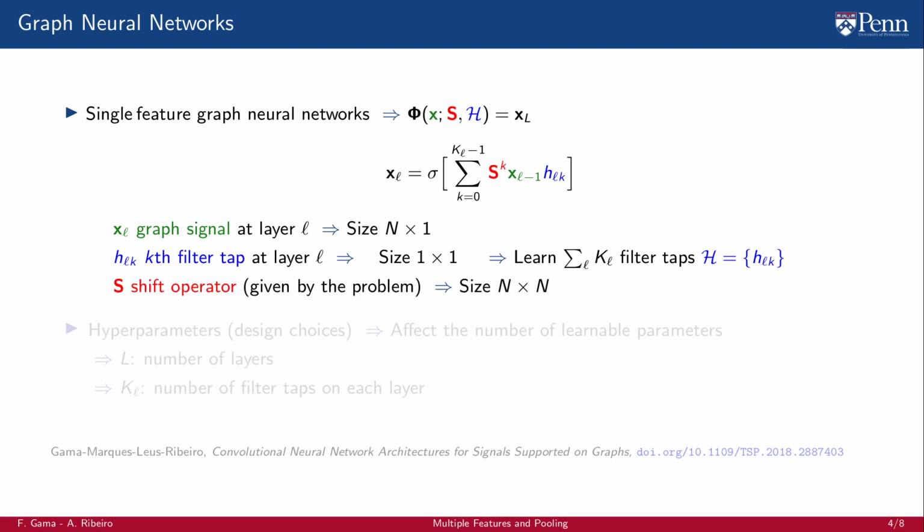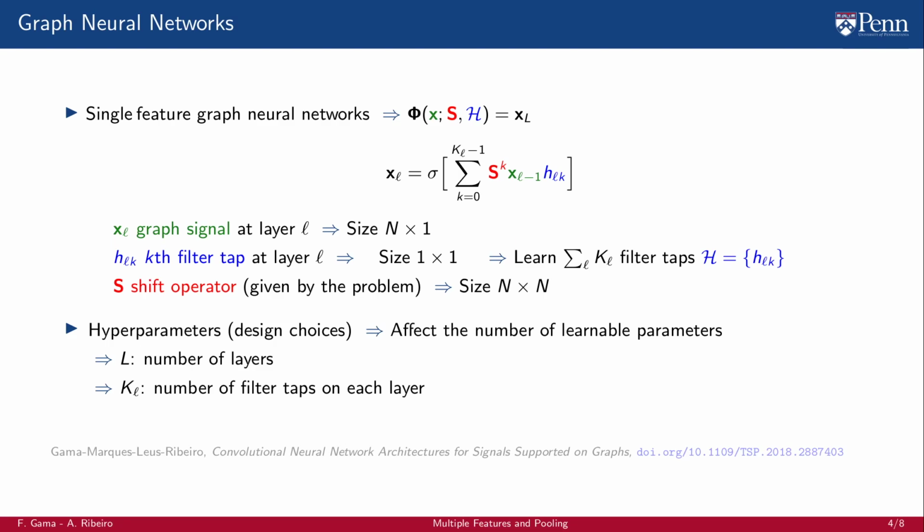S is the shift operator, which is an N times N matrix that is given by the specific problem formulation. When working with GNNs, we have hyperparameters that are design choices. In a single feature GNN, these are big L, the number of layers, and big K_L, the number of filter taps on each layer.